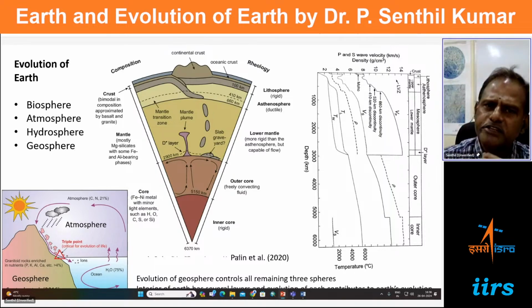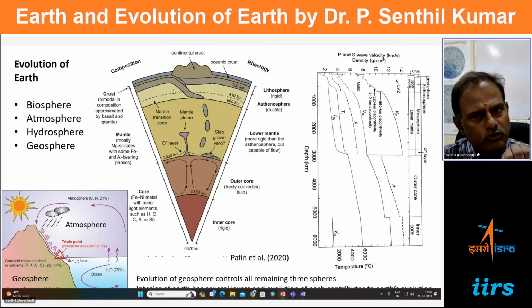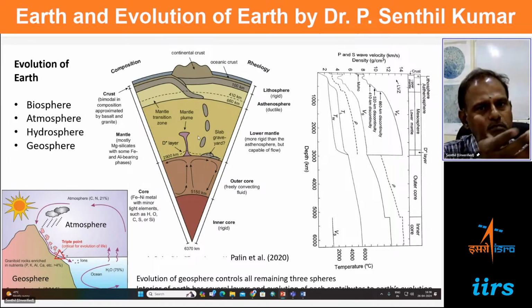To see the interior of the planet, we have to use geophysics. For example, when an earthquake occurs on top of the planet, the seismic waves go through the planet, and they are reflected by different layers and back to the surface, where they are recorded.